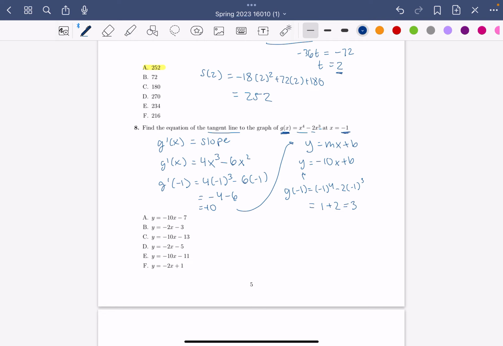So let's plug this back into the equation. We get 3 equals negative 10 times negative 1 plus b. So that's 10, 3 equals 10 plus b, so b equals negative 7. Put it all together and we would get y equals negative 10x minus 7, or A.